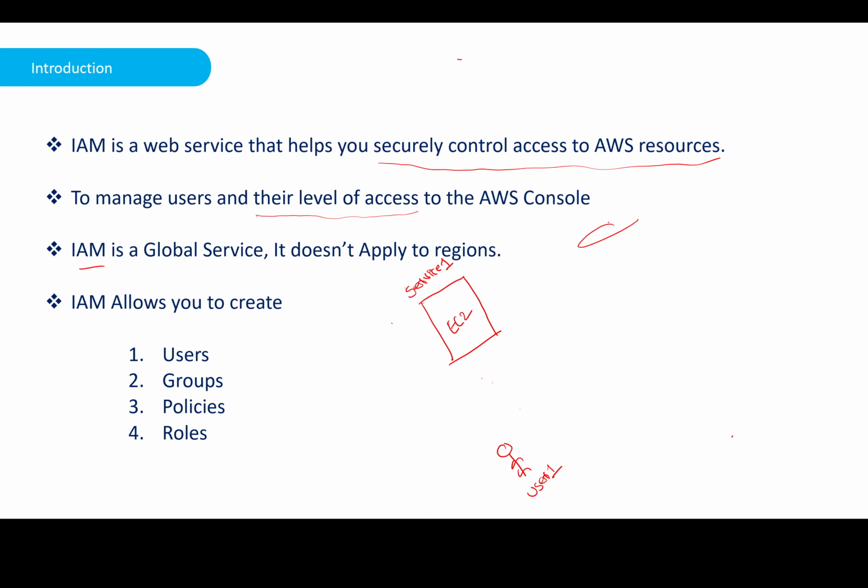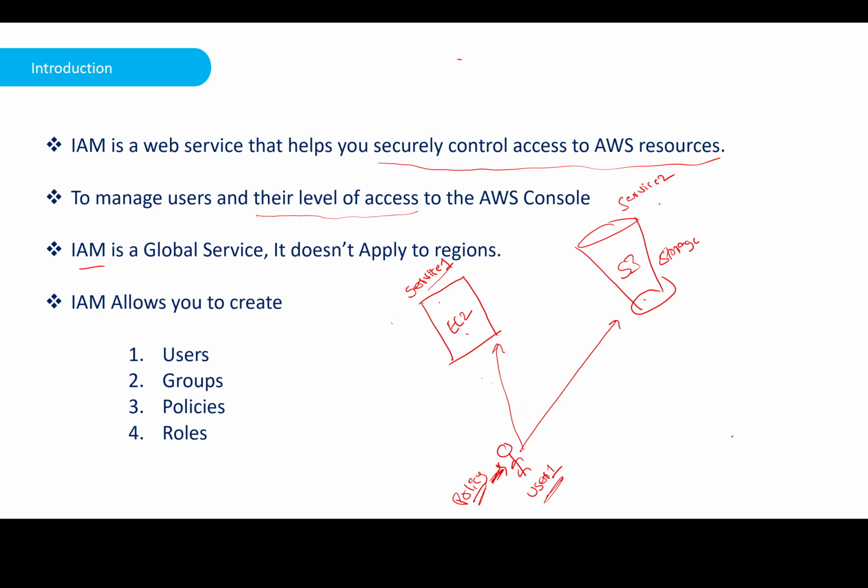And here there is a storage, S3, which is service 2. Now, listen carefully. If I want to provide user 1 with full access to these two services, then I have to attach a policy. With the help of a policy, we can provide access permissions to a user so that the user can manage the resources. Service 1 is resource 1, service 2 is resource 2.